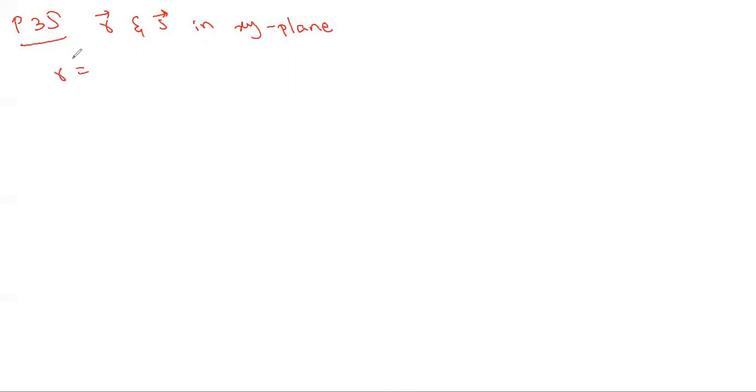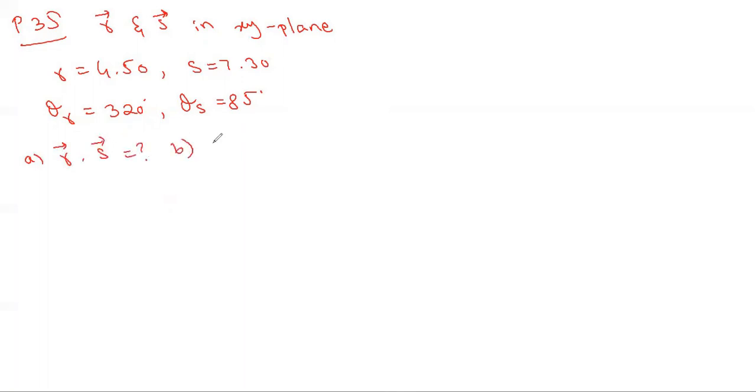And the magnitude of R is 4.50 and S is 7.30 units respectively, and the direction theta of R equals 320 degree and theta of S equals 85 degree as measured counterclockwise from the positive x-axis. So what are the values of R dot S and R cross S?